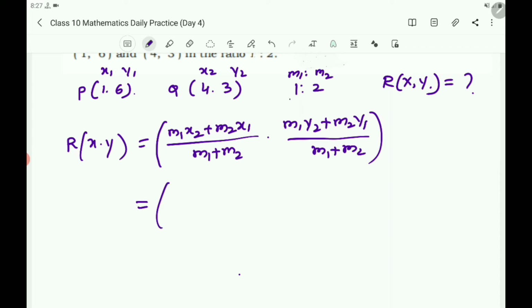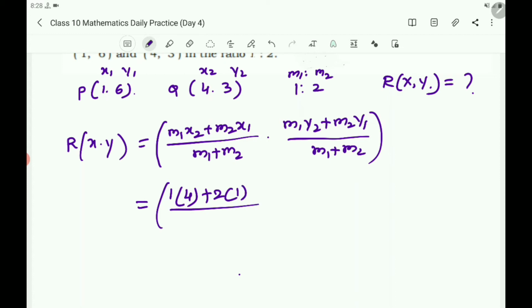So m1 is 1. m1 x2 means 1 into x2, that is 1 into 4, plus m2 into x1. m2 into x1 means 2 into 1.